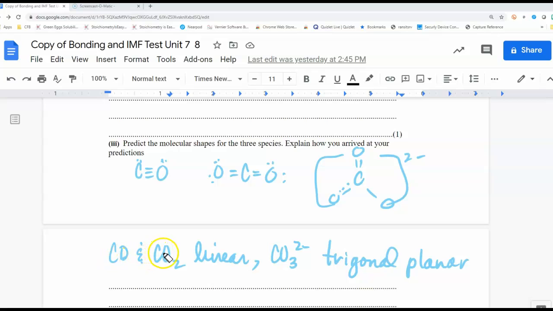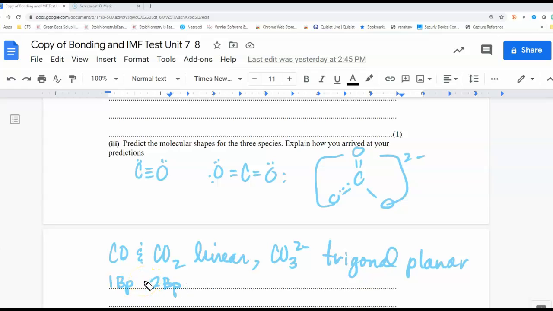Both CO and CO2 are sp. No, that's not the best way to talk about it. Both CO and CO2 have 1 bonded pair and 2 bonded pairs of electrons around it.